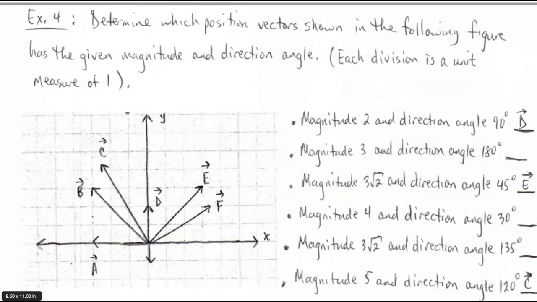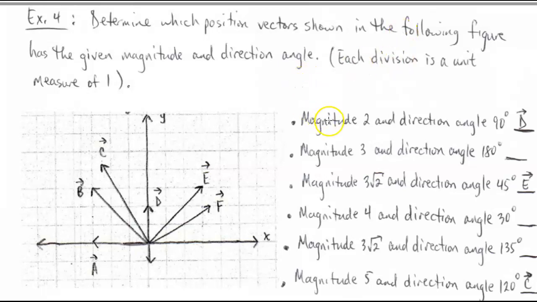So for example 4, we want to determine which position vector shown in the following figure has a given magnitude and direction angle, based upon the information that's given. Of course, we haven't measured this out exactly, but we can guess based upon the information given which one is going to be which.